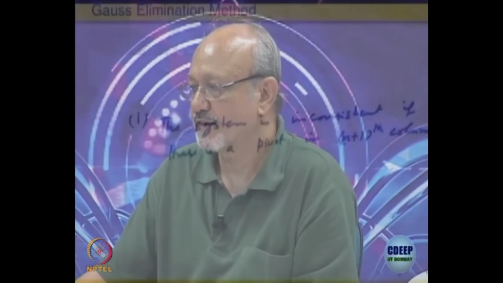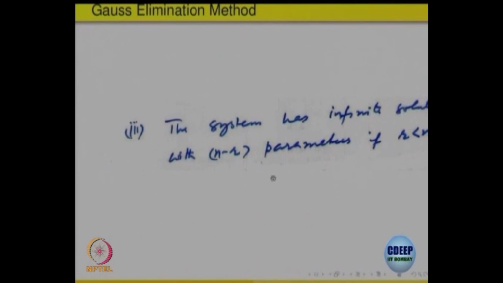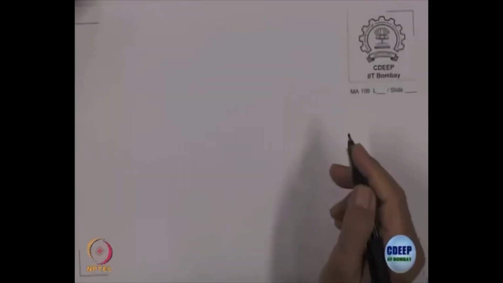What is the definition of a pivot? Everything on the left is 0. So, 0 equal to non-zero, the system is inconsistent, that is what we saw. And if r is less than n, then there are n minus r parameters or variables, whatever you want to call them, which will determine a general solution.